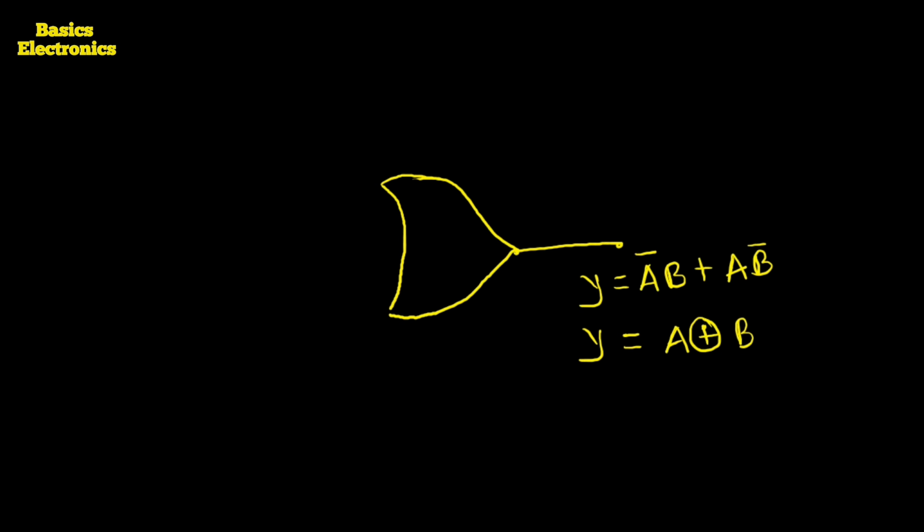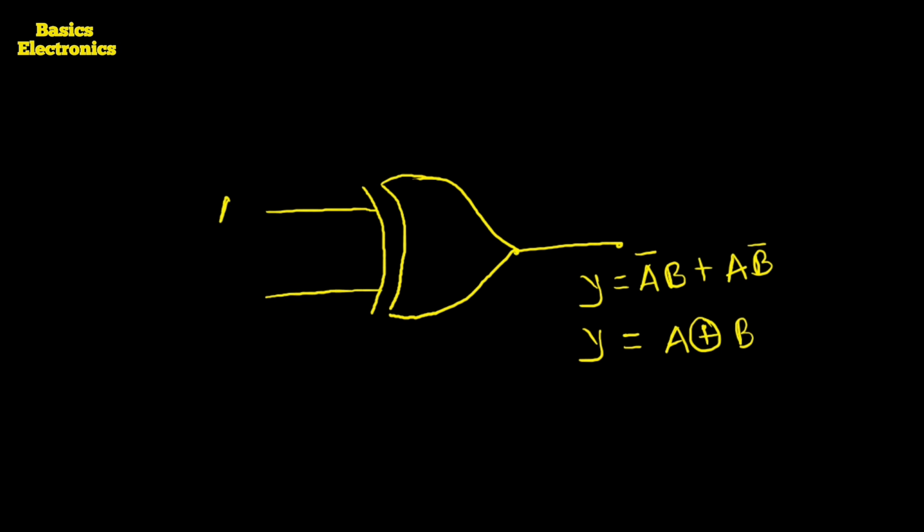The normal OR gate we call the inclusive OR gate, and this one we call the exclusive OR gate. So we draw one OR gate symbol and at the front side we draw one line. This line makes it different, exclusive, from the normal OR gate.